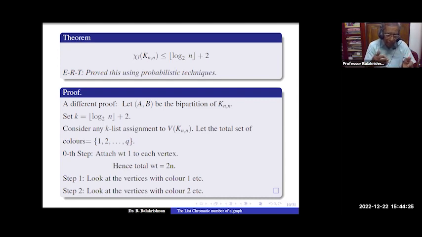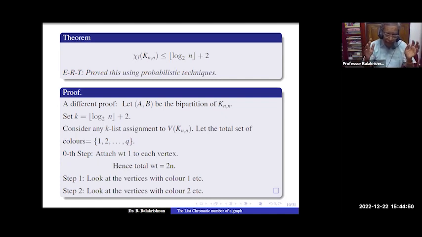How many vertices have weight 2 in B part? So which one is the larger number? The larger number, I color them with color 2. The smaller number, I double. Suppose they are equal, you can do anything. You can either double it in A or double it in B.